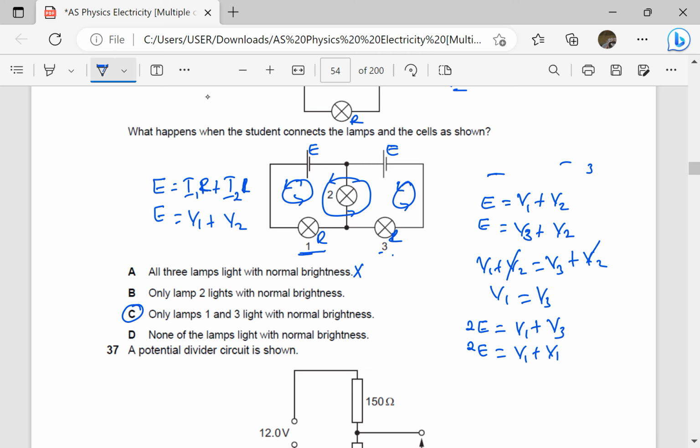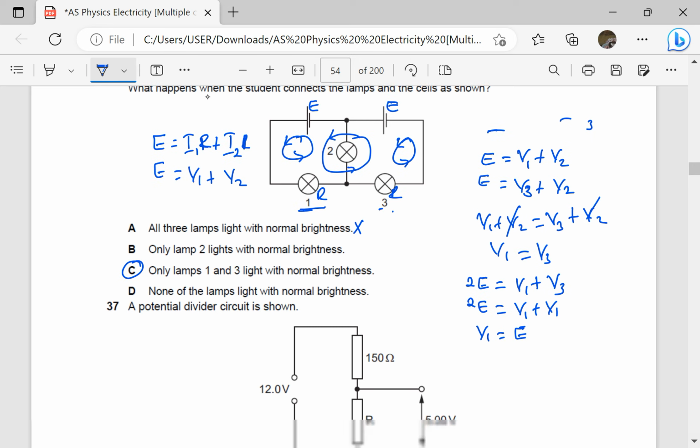So the PD across 1 is going to be equal to E, and which also means that the PD across 3 is also E. And E is the full EMF, so the lamps will have full brightness. V1 is equal to E, meaning that V3 is also equal to E. So these have full EMF. The EMF is the same as the PD across them. They have full brightness. Okay.